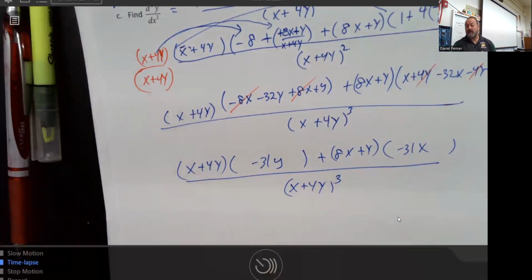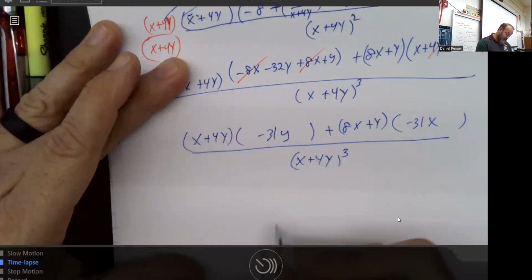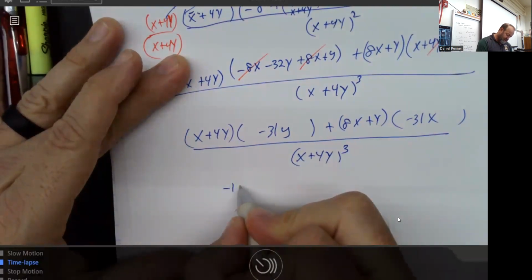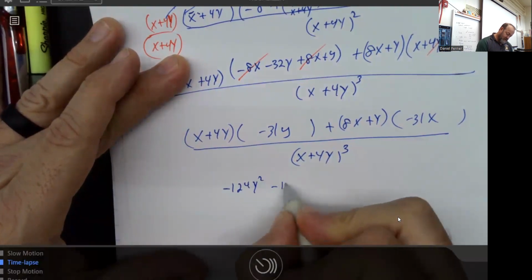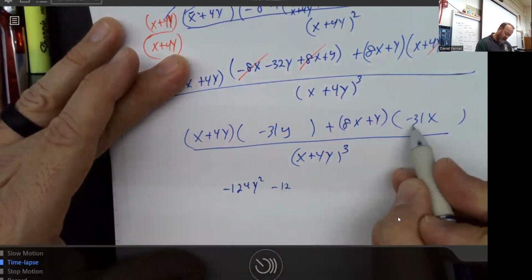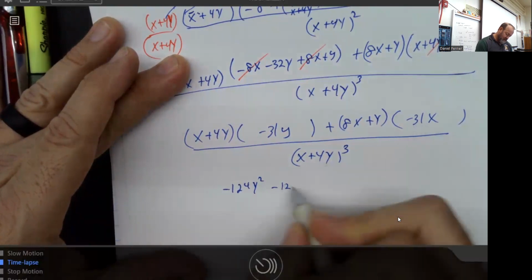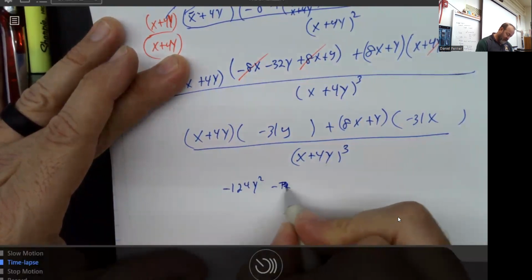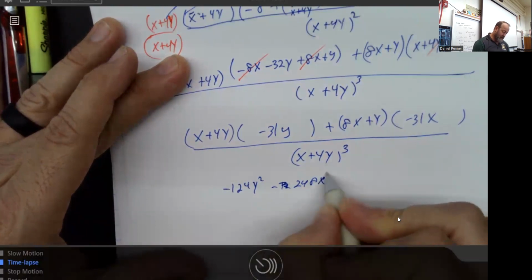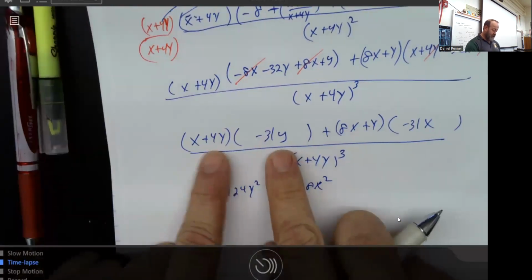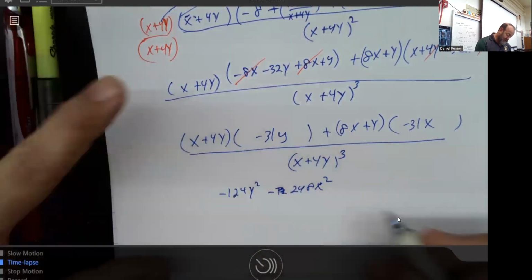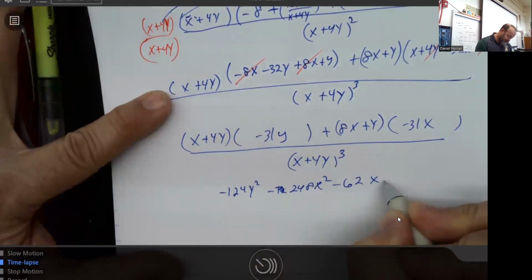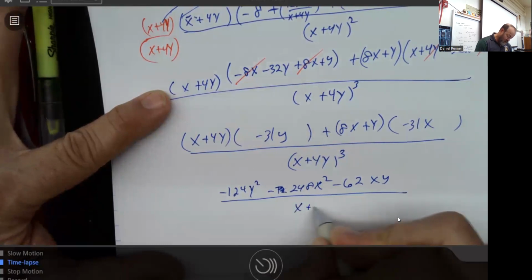But we could write it in a little bit better way, I guess, if we wanted to write it as negative 124y squared minus 248, I guess it is. Interesting, 248x squared. And then it looks like I write here, I get negative 31 and another negative 31, so negative 62xy over (x + 4y) cubed.